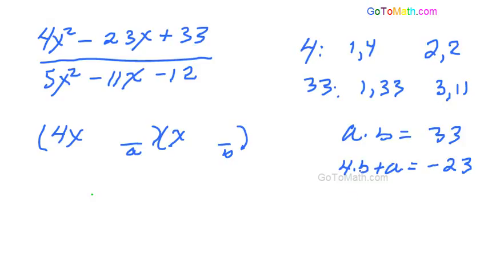So if I put a negative 3 here, we get negative 12. And what about an 11? 12 and 11, that's negative 23. There you go.